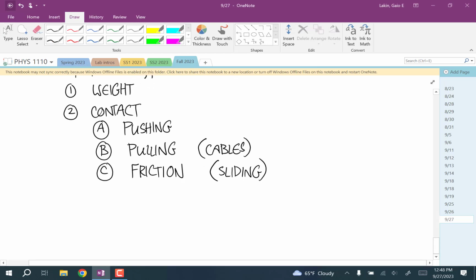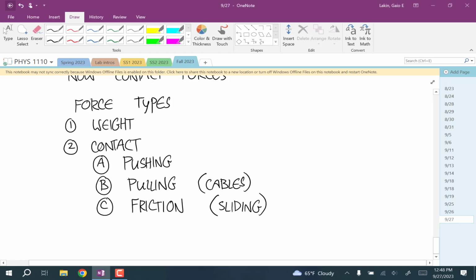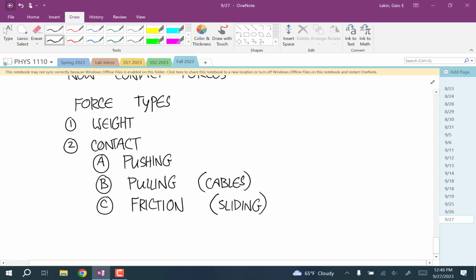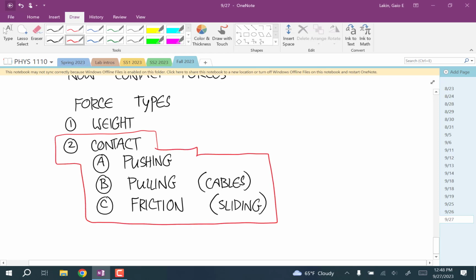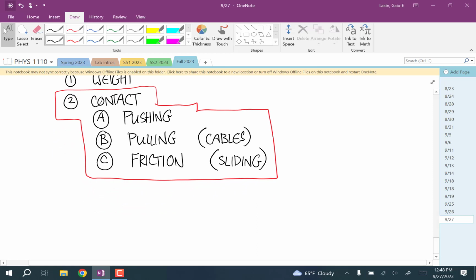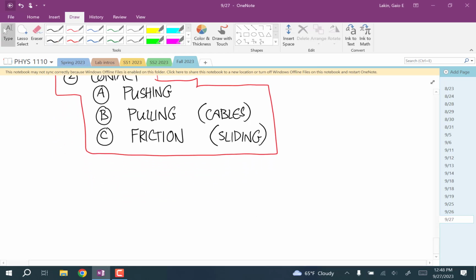Okay, so we already know how to deal with the weight, and now we're moving on to this. So first, let's talk about pushing contact.